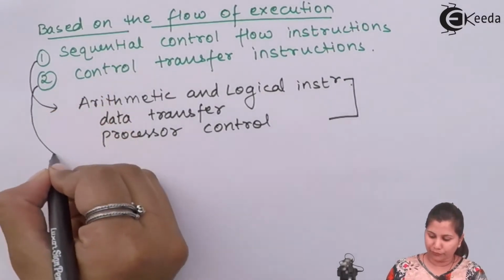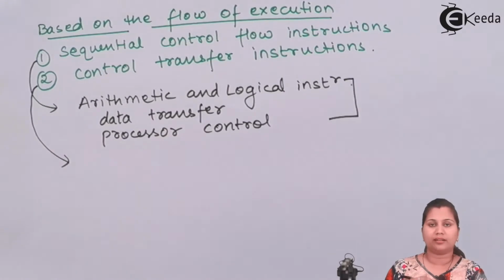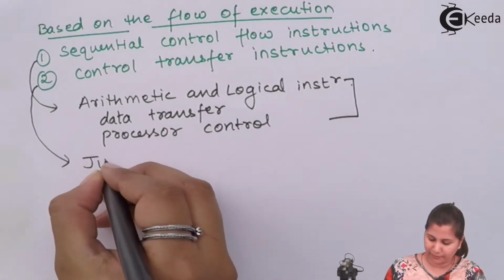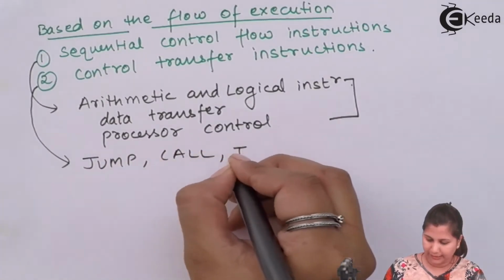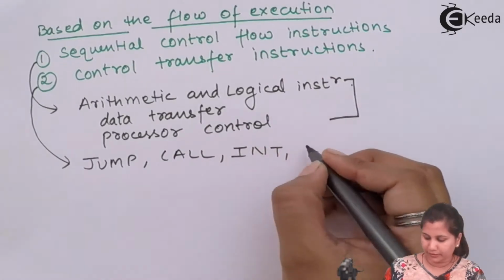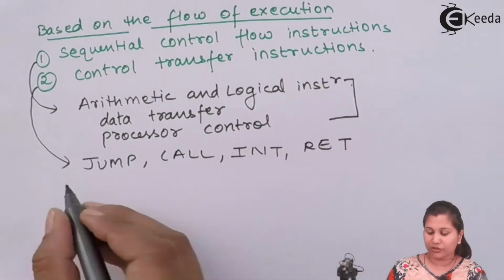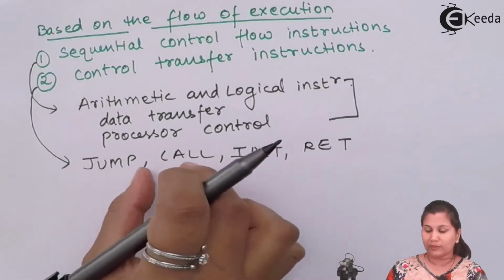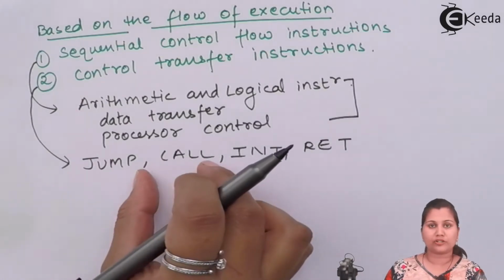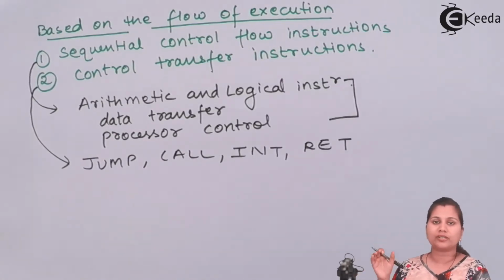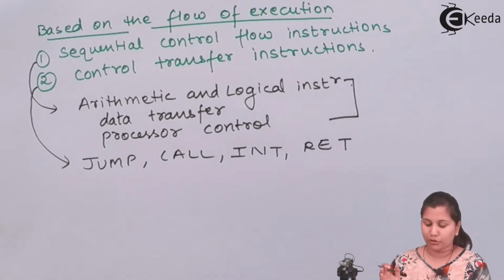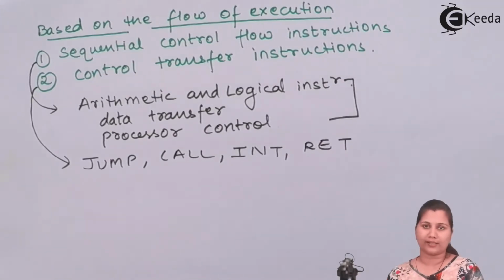Whereas in control transfer instructions, the execution is transferred to some other location, like jump, call, int, return. All these instructions, the microprocessor jumps to the address which is written after the instruction and executes the instructions written at that location. So the control is transferred.